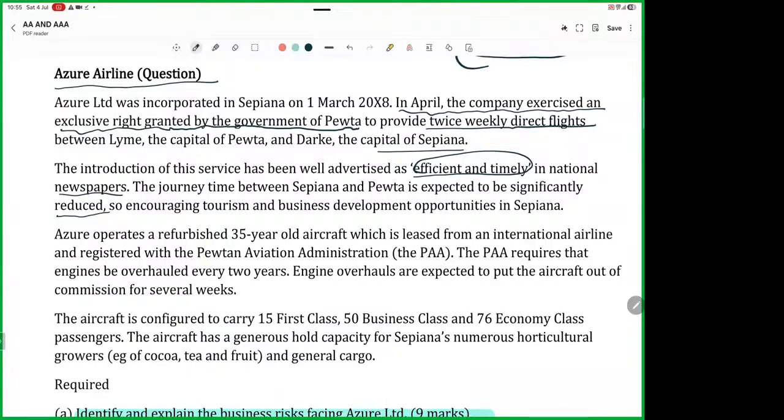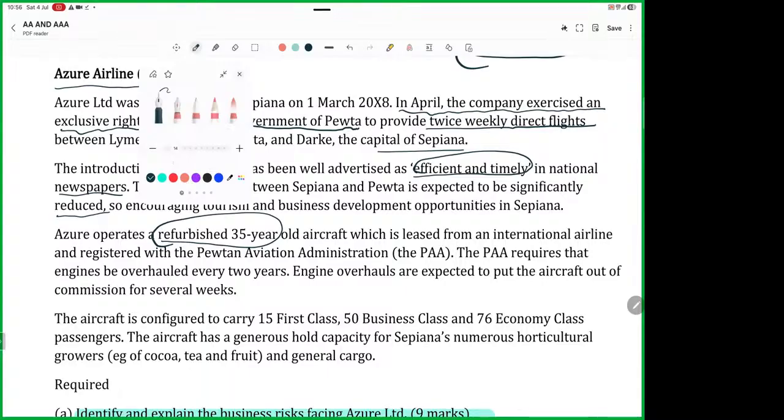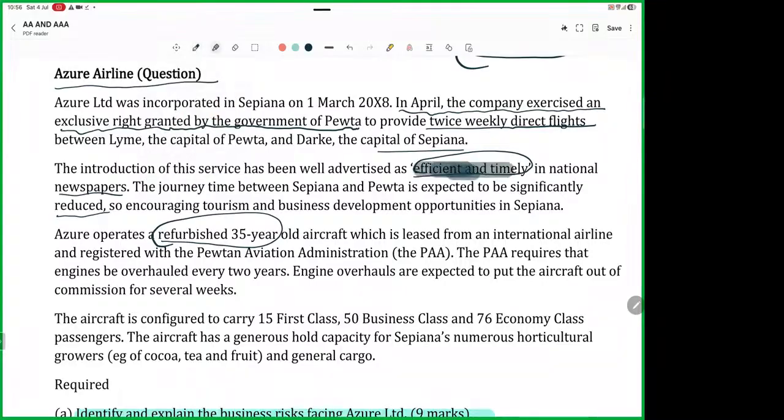Azua operates a refurbished 35-year-old aircraft, and yet you are advertising for services which you are saying are efficient, and yet you're running quite a rickety, in quotes of course, very old aircraft, which is leased from an international airline and registered with the Putin Aviation Administration, the PAA.